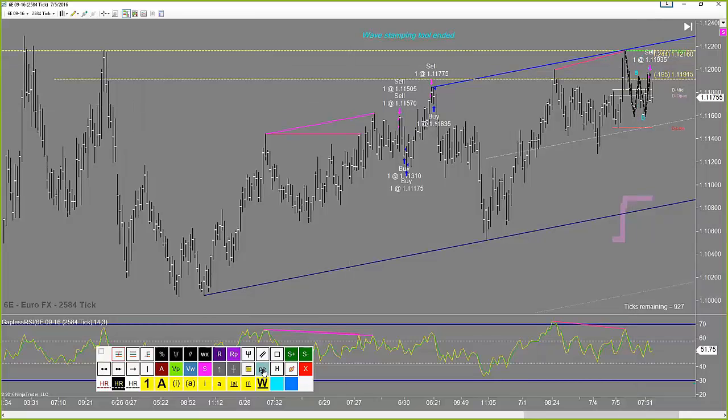Let me go ahead and disconnect from data so it stops dragging. Okay, there we go. All right, so all I've done is I've connected from the low to the low here, and that gave me that high perfectly right there. Okay, and that's what we reversed down from early in the morning.